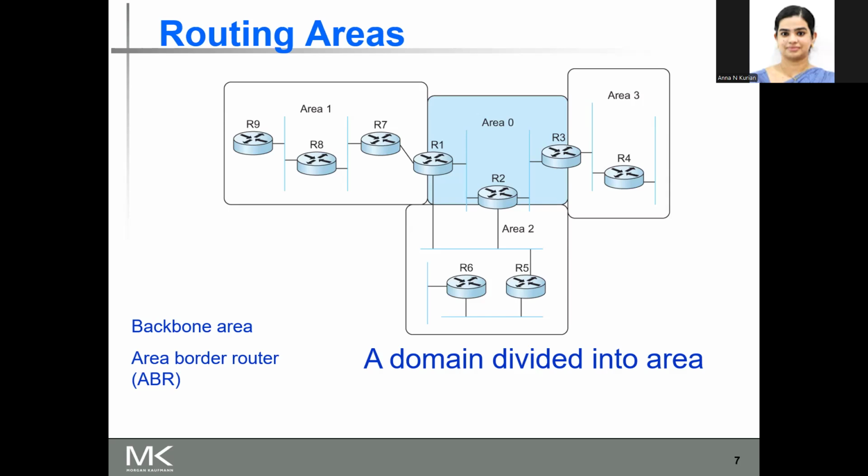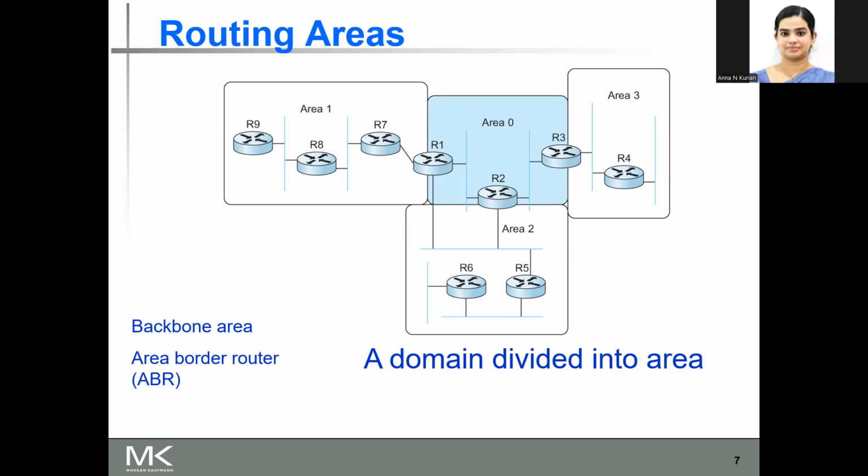So what does area mean? It's a set of routers that are administratively configured to exchange link state information with each other. Then one special area, the backbone area, we will name area 0. You can look into the figure, area 0. It is an example of a routing domain divided into areas.